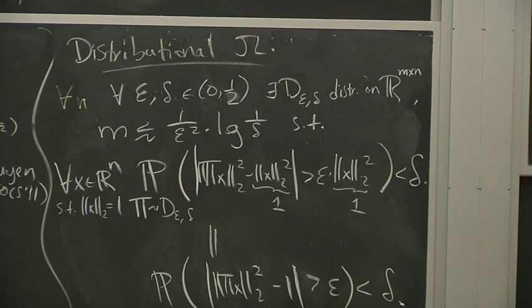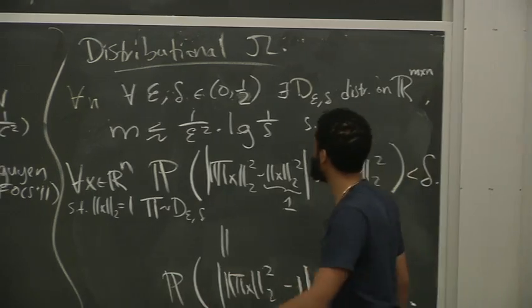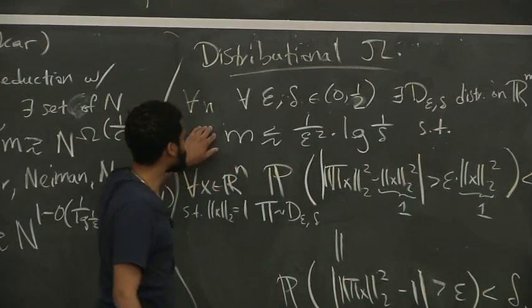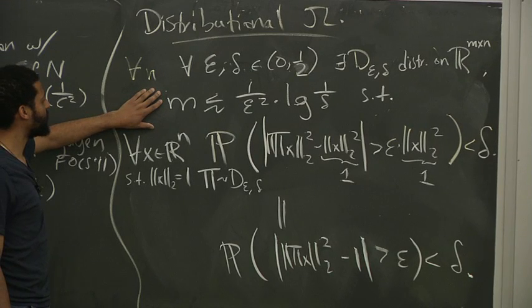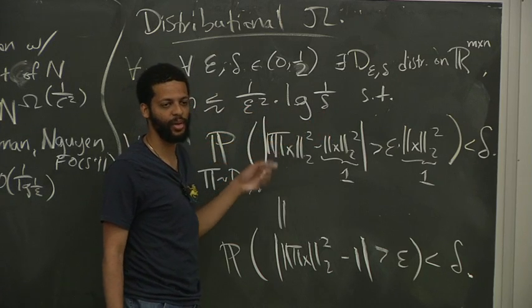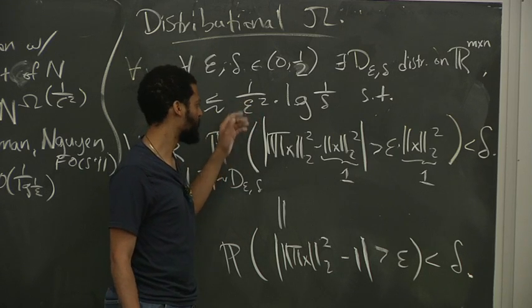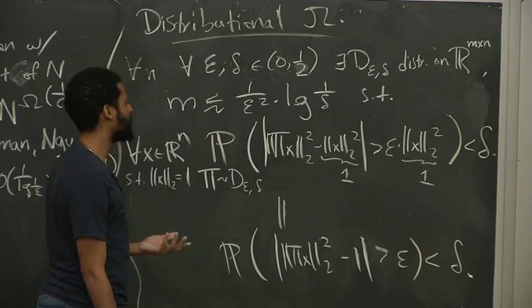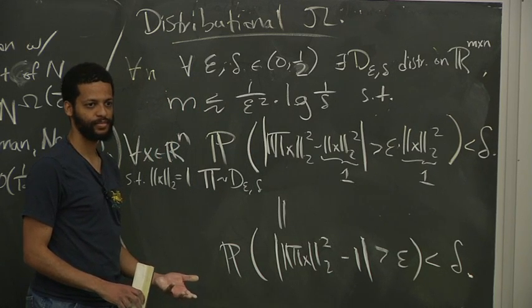I mean, the AMS sketch, we analyzed in the case that delta was a constant. You want to succeed with probability 2/3. And we showed that m could be 1 over epsilon squared. Okay? And we did it using an expectation-variance argument and Chebyshev's inequality.